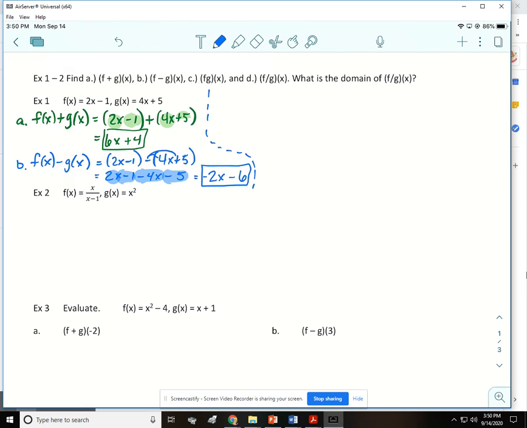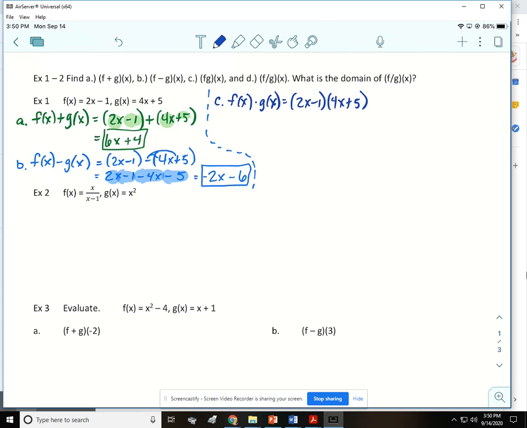All right, now we'll do the multiplication. So for C, we're going to take f of x, and we're going to multiply it by g of x. All right, so 2x minus 1 times 4x plus 5. All right.